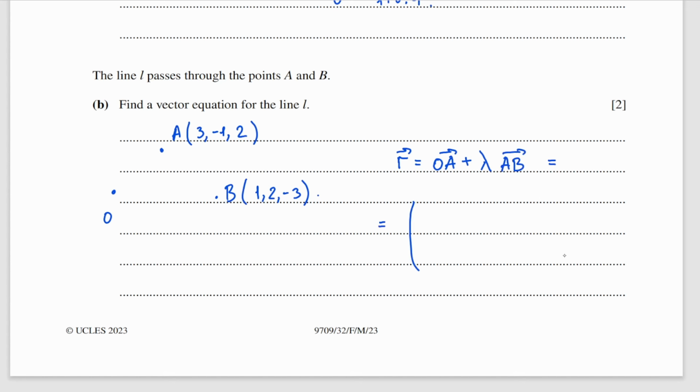So the vector OA is going to be 3 minus 1, 2, plus lambda. And now we have to find the vector AB, and for that we'll have to subtract coordinates of A from B. 1 minus 3 is going to be -2. 2 minus -1 is 3. And -3 minus -2 will be -5.